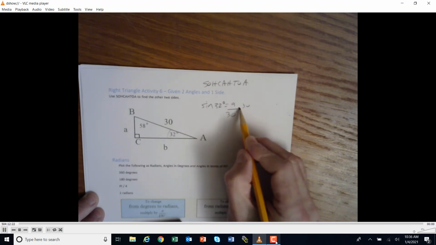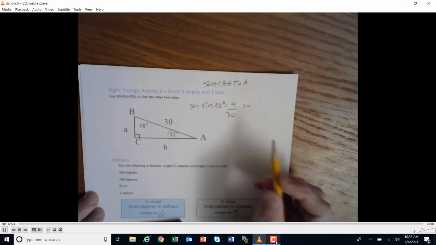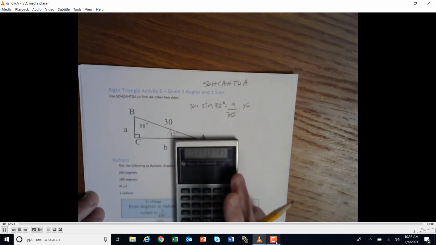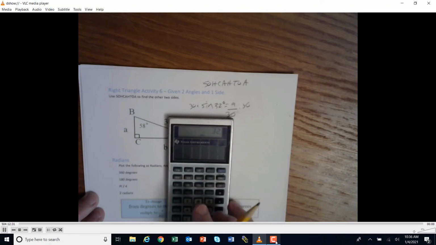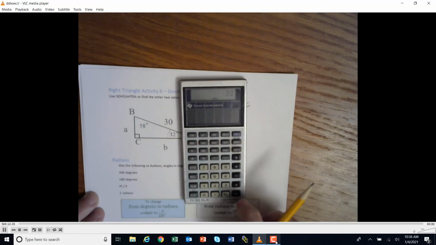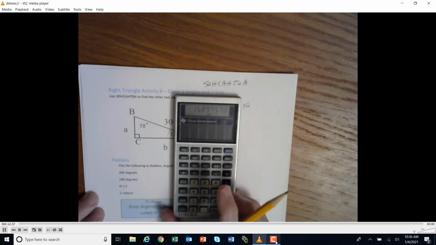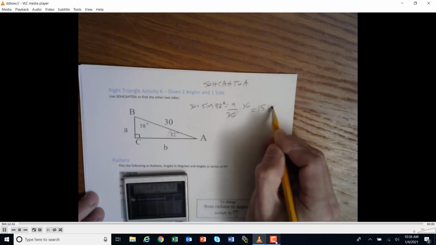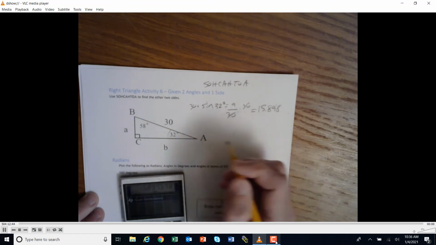Multiply each side by 30 to get rid of it. So I got 30 times sine of 32 equals A. So 32 sine times 30, 15.898. That's what this is over here.